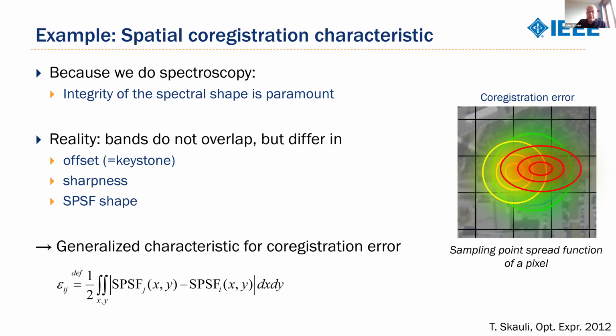And by doing the average and worst case over all band pairs, we get a comprehensive specification of co-registration error that relates to reflectance mapping, and which generalizes the smile and keystone quantities that people often quote.